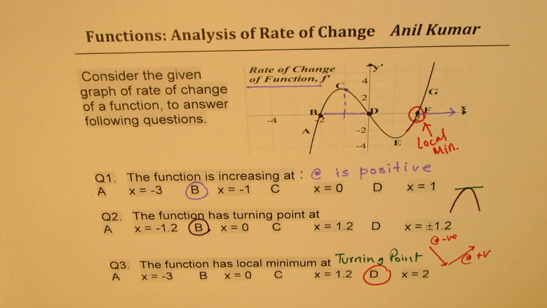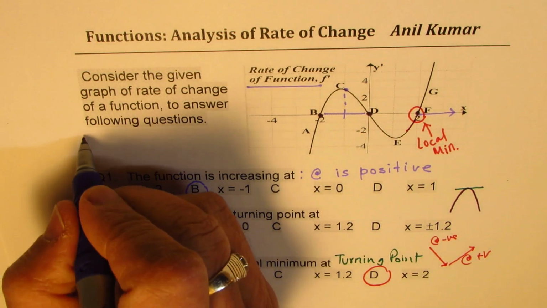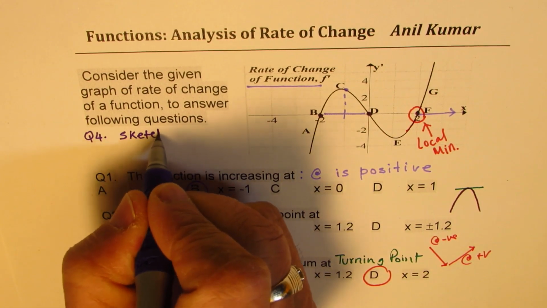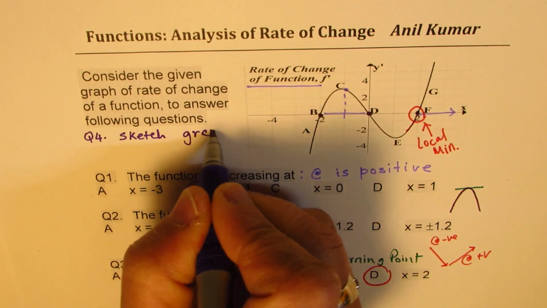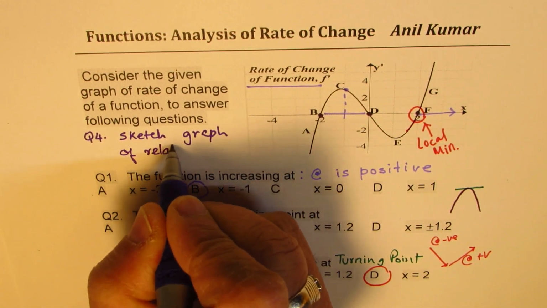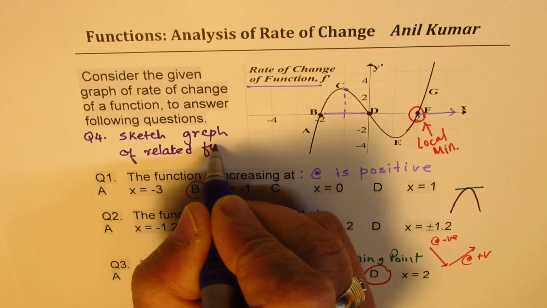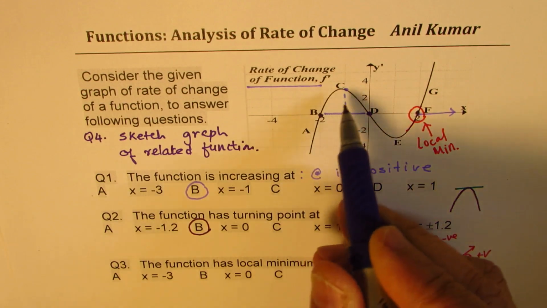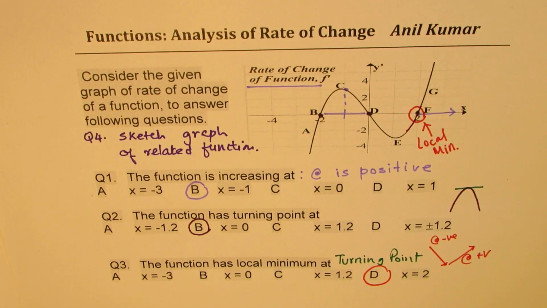Now here is a question for you. Now you got all the information about the function. Now the question for you is, let's say question 4, sketch the graph of the related function. So the rate of change graph is of degree 3, a cubic function.